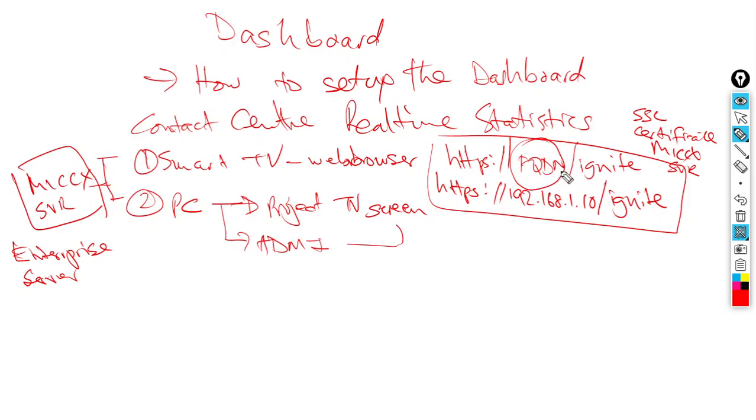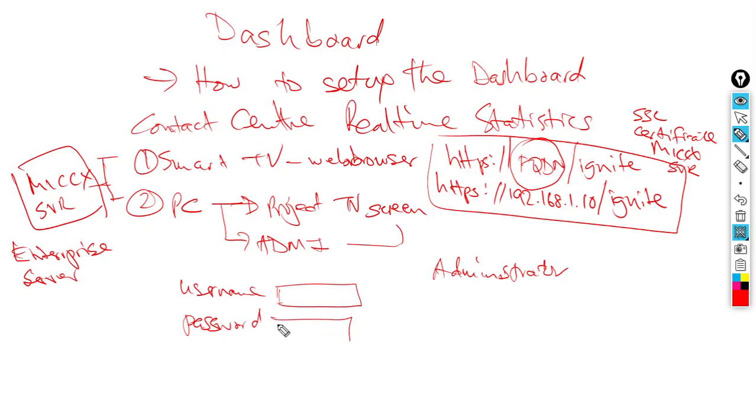And so once we open our web browser and we go to Ignite, we are going to be asked for a username and password. And this username and password, we should get them from our administrator. We expect our administrator to have configured a user for this dashboard in the MyCCX server.